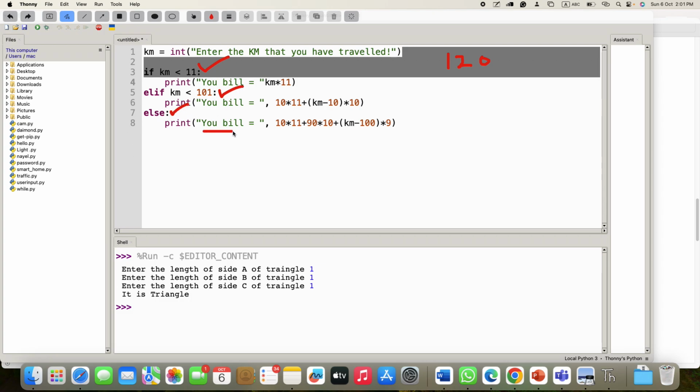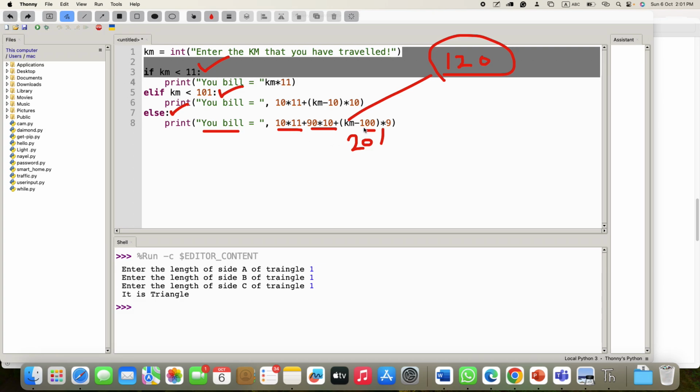And here you say your bill is, and it will multiply 10 of those with 11, plus 90 of those with 10. Now these are 100 gone out of 120. The next thing you need to do is, from 120, because km is 120, you minus 100. What are you left with? 20, right? Those 20 you will multiply with 9, and then add all three together and you get your bill.